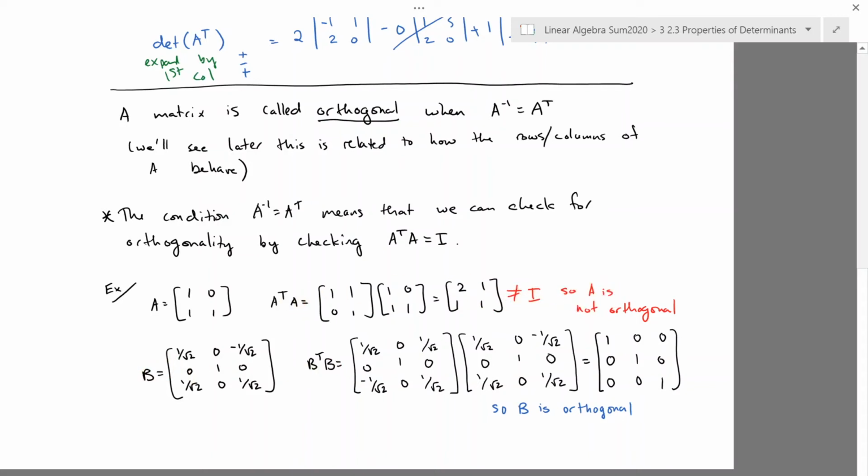However, for B, I did the calculation B transpose times B, and you do get the identity matrix, so B is orthogonal. Again, to check for orthogonality, it's typically easiest to check this equation, and whether you get the identity matrix or not will tell you whether it's orthogonal.